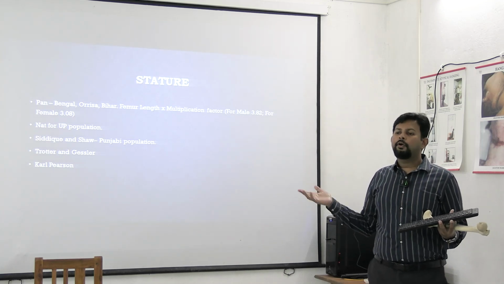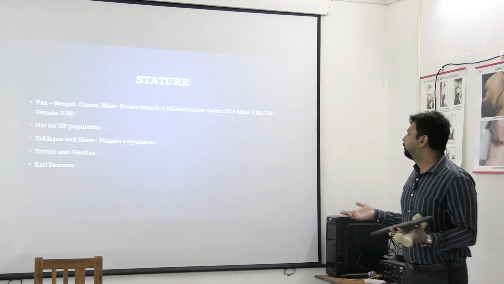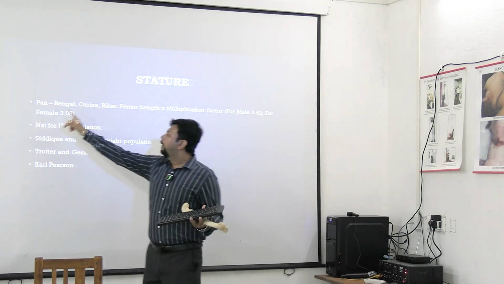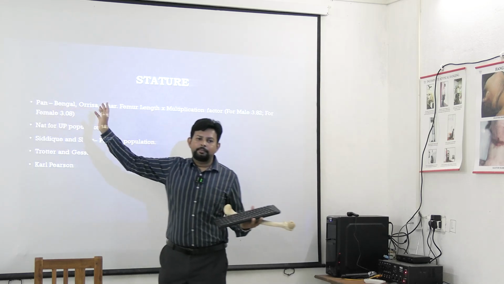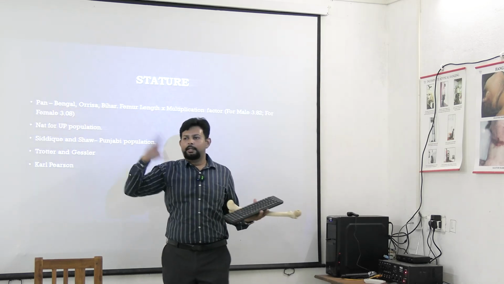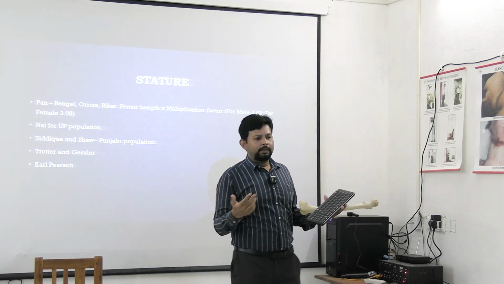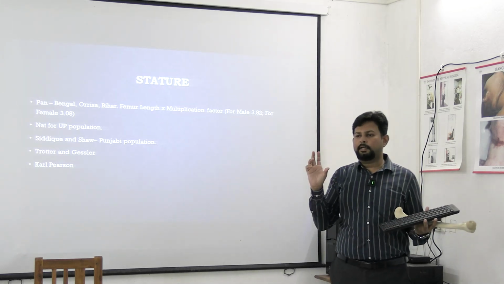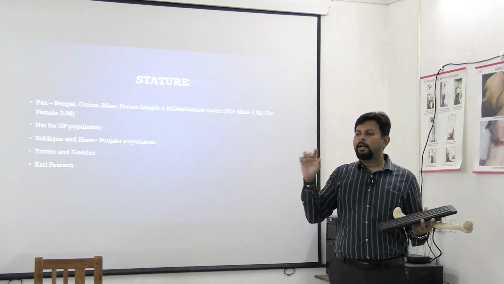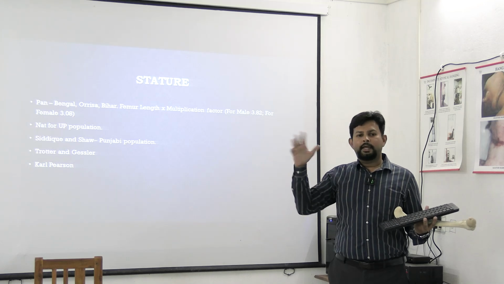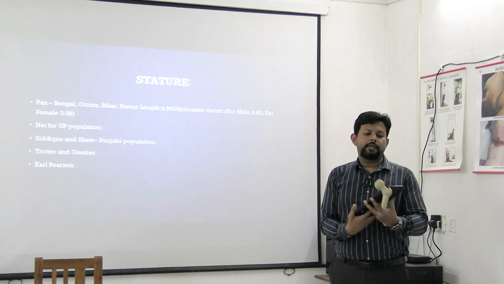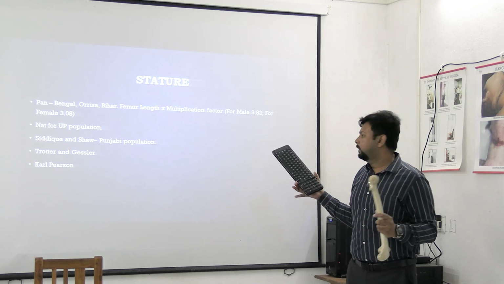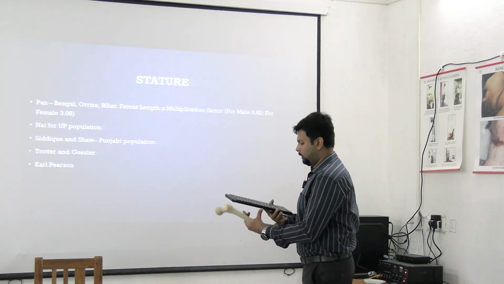So we follow the Pan chart. Pan was also an anthropometrist. He took the data from the West Bengal population and then he got a multiplication factor. So if we multiply this, then we can calculate the stature. He got the formula, that's a very big part, but we are not interested in that.